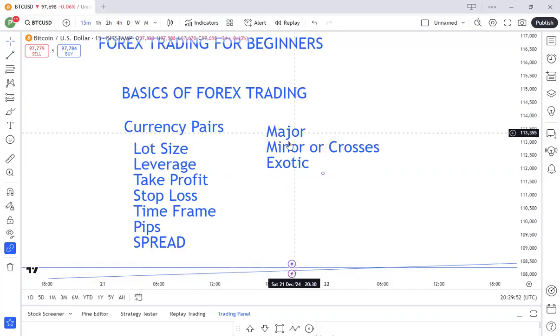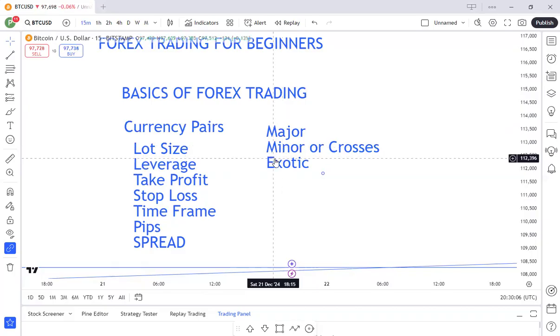Major currency pairs comprise developed countries, like the EUR/USD, the GBP/USD, the USD/JPY, and the USD/CAD. All these are developed countries, so they comprise the major currency pairs.